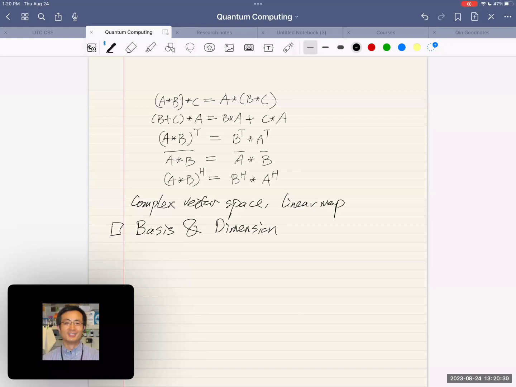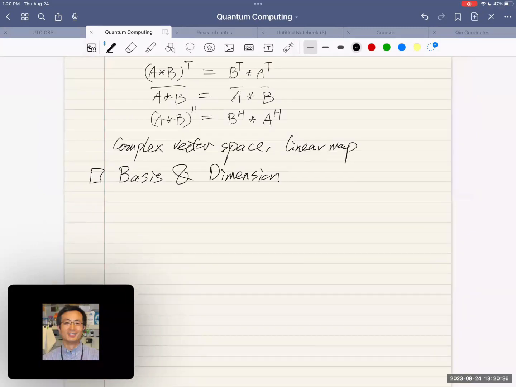For this one, we need some definitions. If it's a base vector of a space, that means all the base vectors have to be linearly independent of each other. So we need that definition of linear independence. Since the combination of those base vectors needs to represent the entire space, all of them have to be independent.